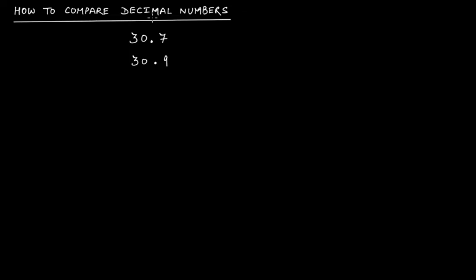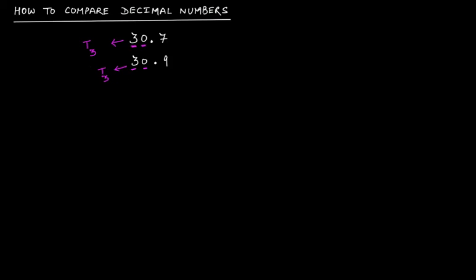So the first step is what? Compare the whole number of the two numbers. So in this case, ones and the tens. So the highest place value is tens, and at the tens place value we have 3 as a digit. In this case we have ones, we have tens, the highest place value is tens, and at the tens place value we have 3 as a digit. So of course we cannot decide on the basis of this.